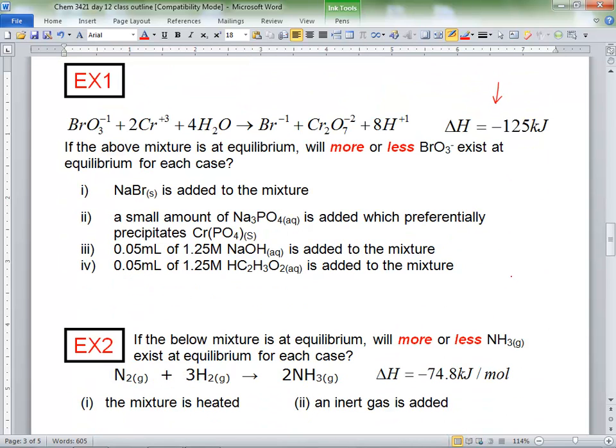So we're at equilibrium. That means, again, see how we're already getting lazy in the book too? All right, we should always have double arrows. But anyway, we're at equilibrium. Will more or less of this bromate exist at equilibrium for each case? Okay, we're going to add sodium bromide solid to the mixture.